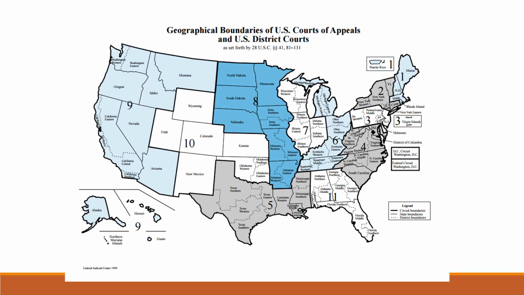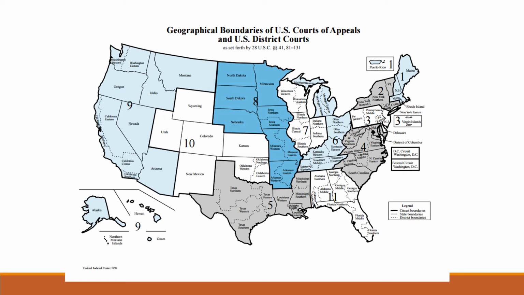Here is a map of the different courts of appeal, how they divide up the country. And again, you've probably seen a lot in the news lately about the different circuits. You hear things about, well, they filed a case in the Ninth Circuit because the Ninth Circuit tends to be very liberal. Look at the states involved.